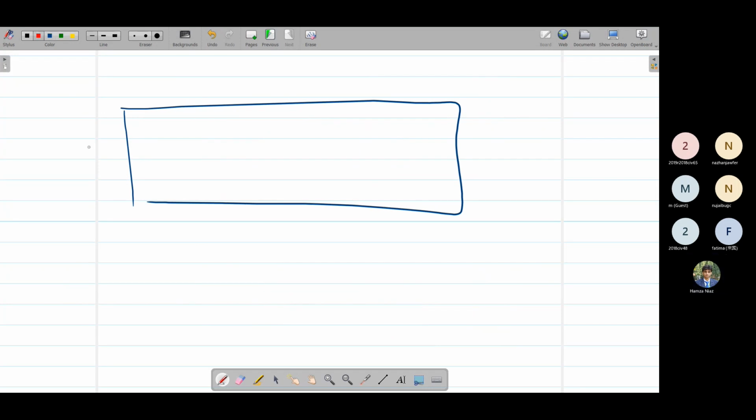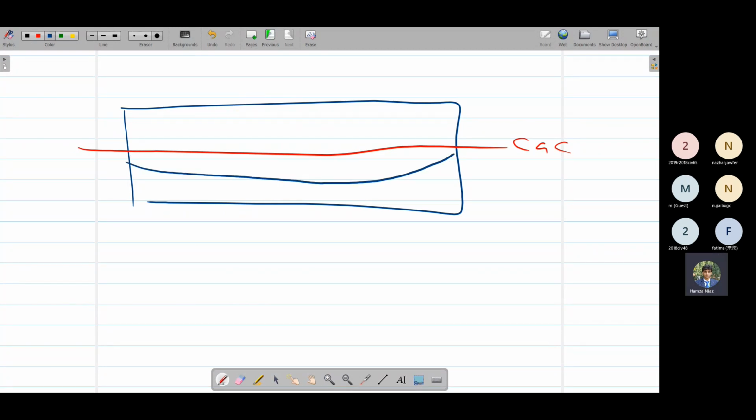For example, this is our center of gravity of concrete. And we have this tendon almost parabolically like this. This force is like P and P, acting at this eccentricity to the center of gravity of concrete.